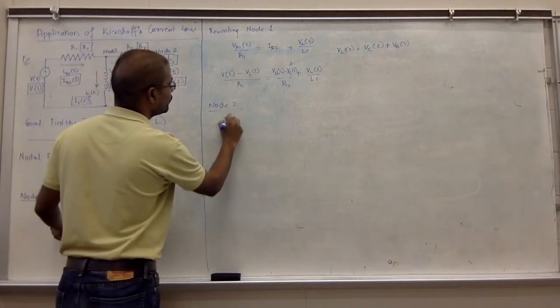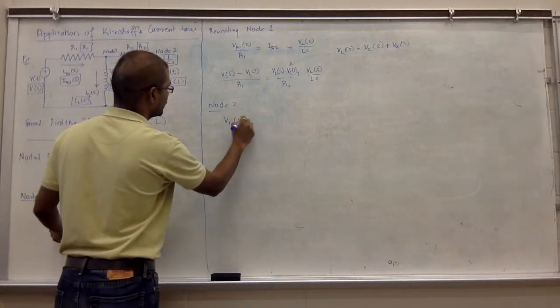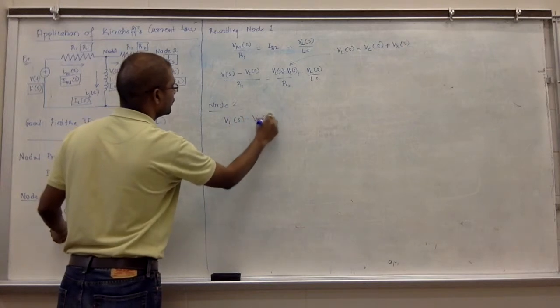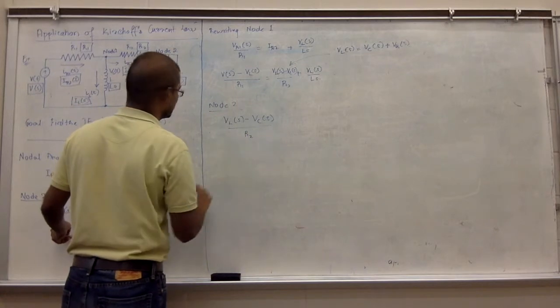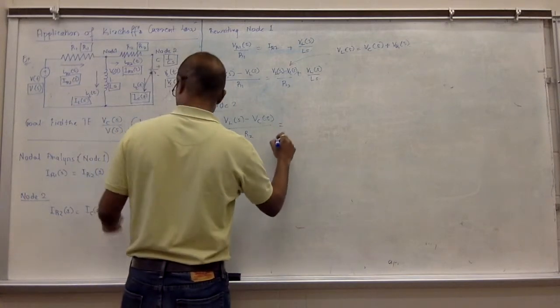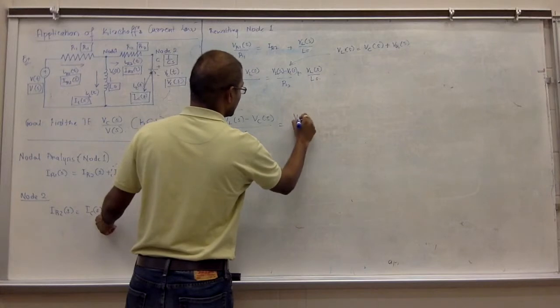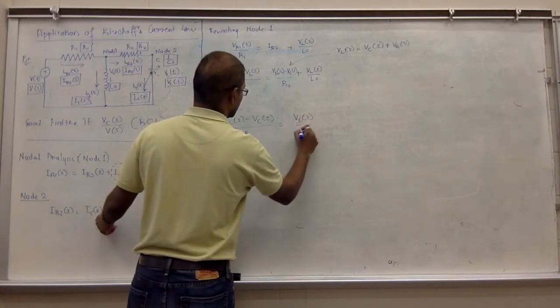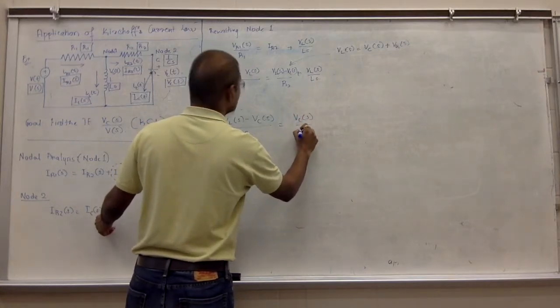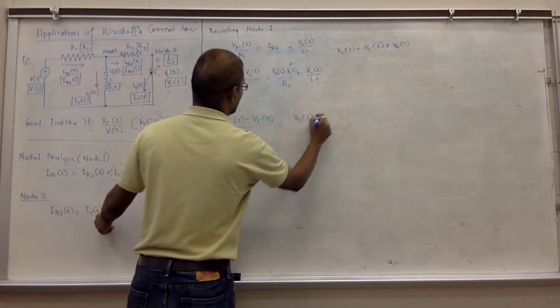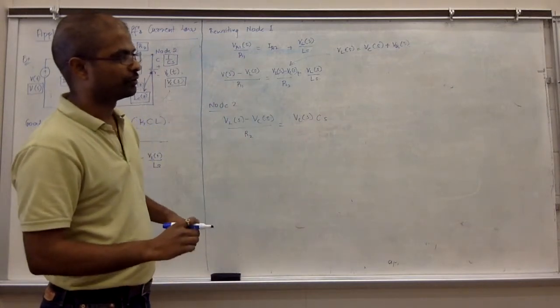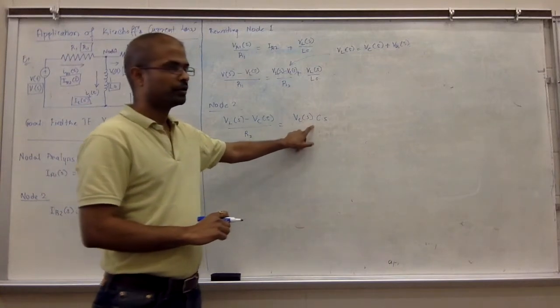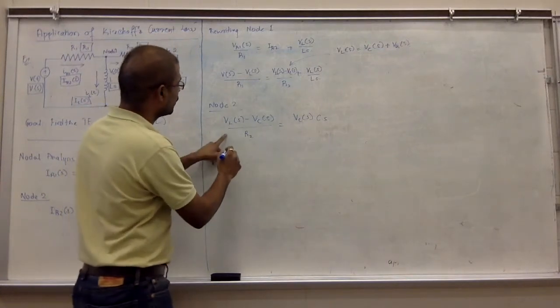Simply V_L(s) minus V_C(s) divided by R2 equal to, this is simply V_C(s) divided by, this is multiplied by C. Okay? Because divided by, just a minute. Okay, you do this.